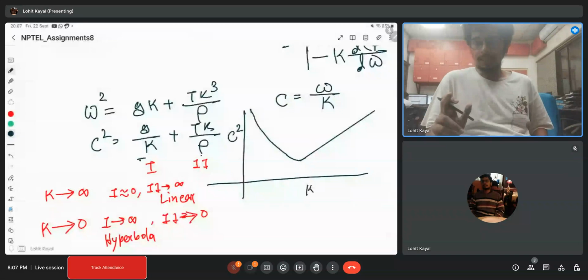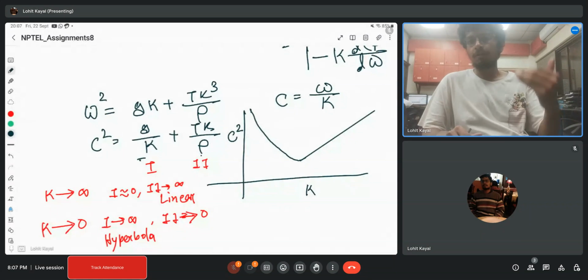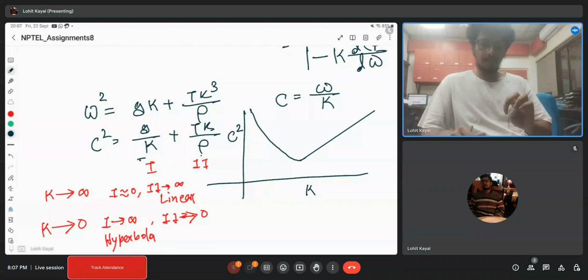In the last class, I discussed a particular limit, a particular wave number, above which it is capillary dominated and below which it is gravity dominated. So let me do that again. From the graph you can explicitly understand what is happening.